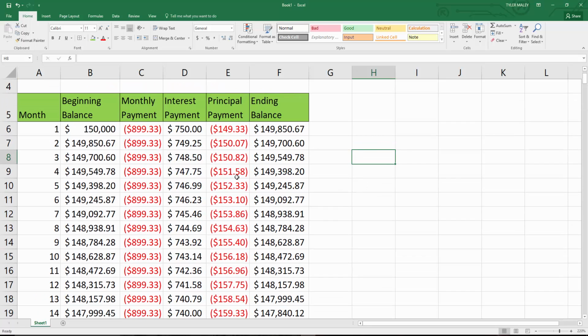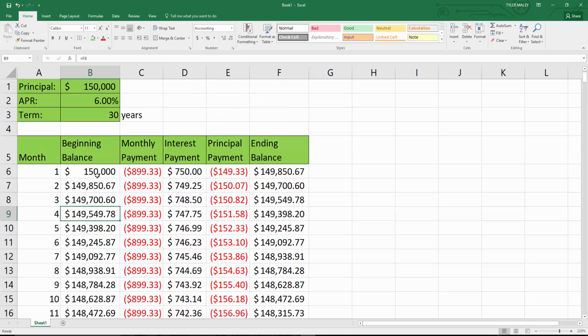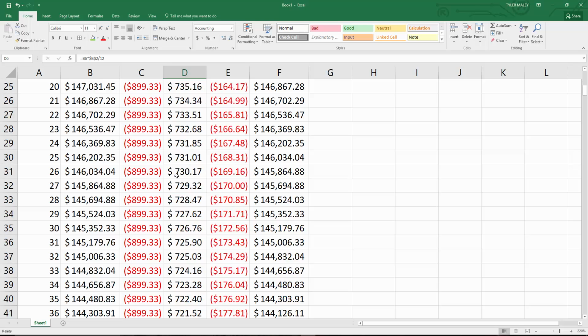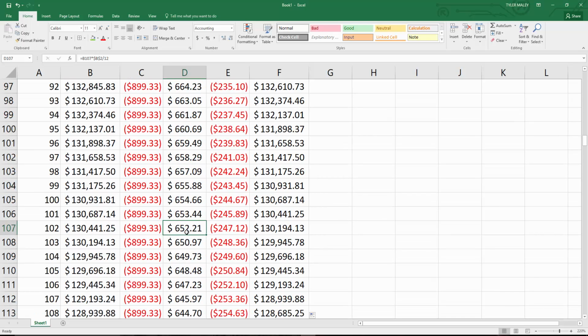So some things to note: we can notice that the monthly payment is constant the entire time. The beginning balance does go down slowly. Also, the amount of interest, the maximum is the first month, but the amount of interest we pay ends up decreasing. And since the interest payment decreases, the principal payment ends up increasing.